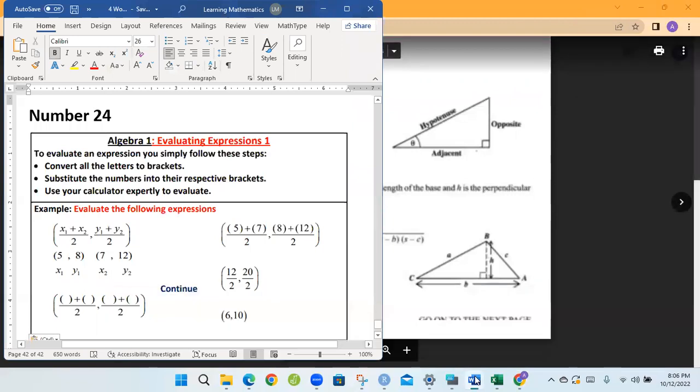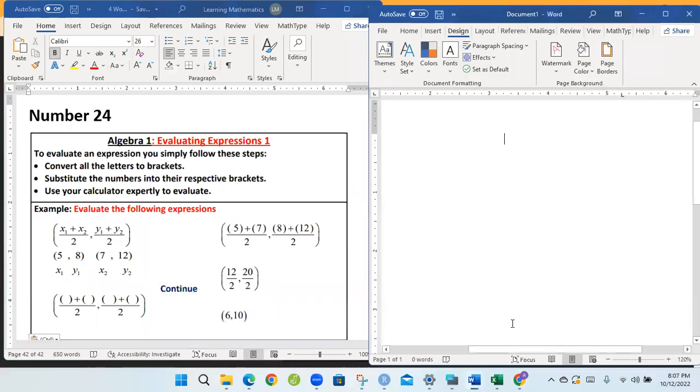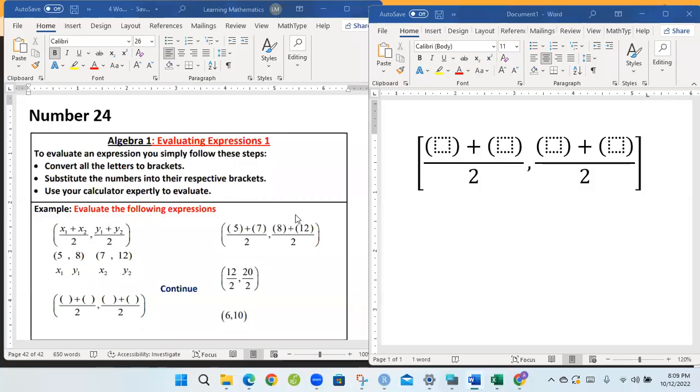So as the instructions say, you convert each letter to brackets. So here's the formula: x1 plus x2 divided by 2, comma, y1 plus y2 divided by 2.